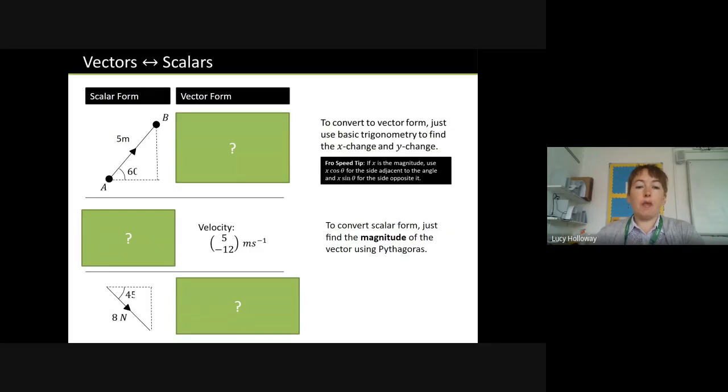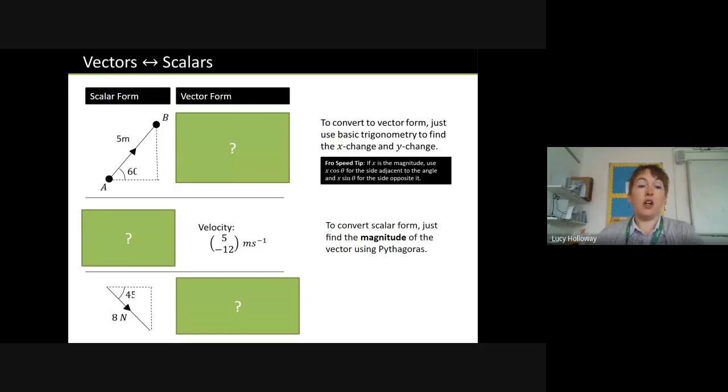So I am going to also get you to think about your GCSE maths knowledge to try to answer these questions. So what we're doing here is we're moving between scalar form and vector form for various different vectors, if you like.